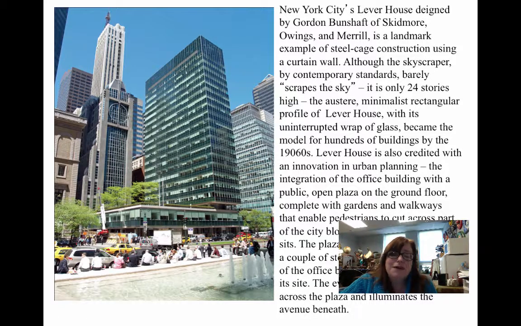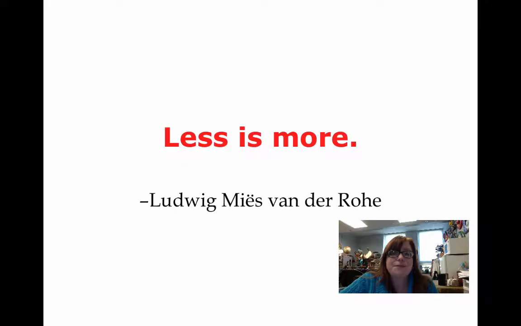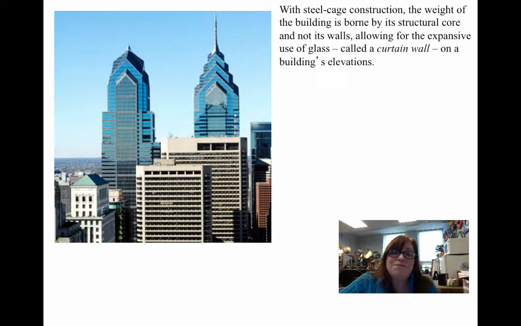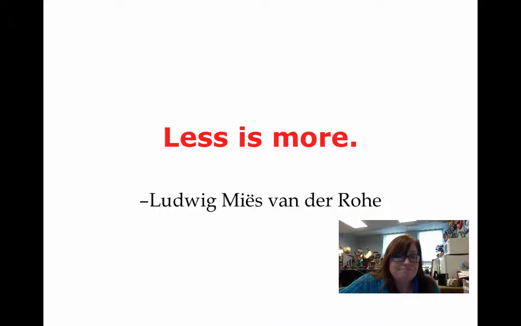And then evening light will angle down into the plaza and illuminate the avenue beneath. So then we have a quote from Ludwig Mies van der Rohe, less is more, and this becomes a thing in the 20th century, where less is more, basically a wall with windows on it.